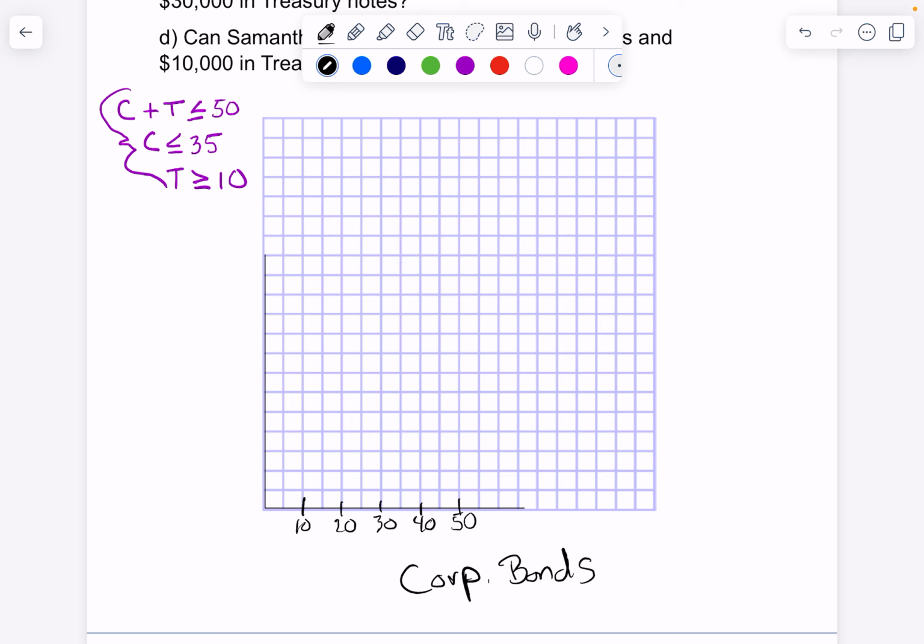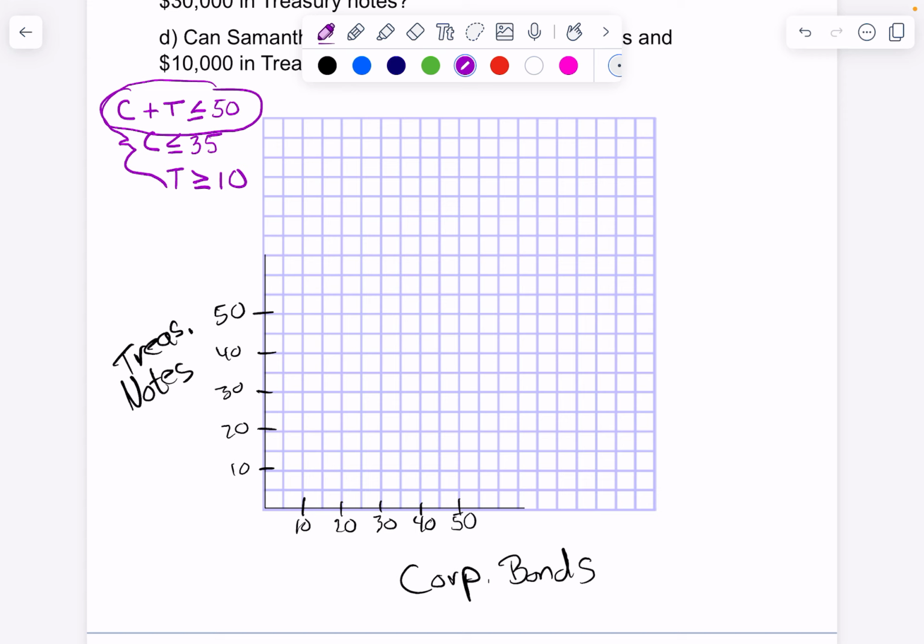And then we're going to go ahead and do the same thing on the y-axis. We're going to go by 5, so 10, 20, 30, 40, 50. And that is going to be my treasury notes. Okay, so C plus T is less than or equal to 50.